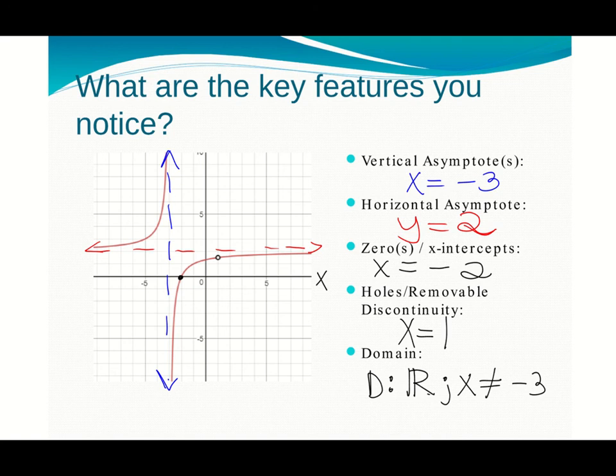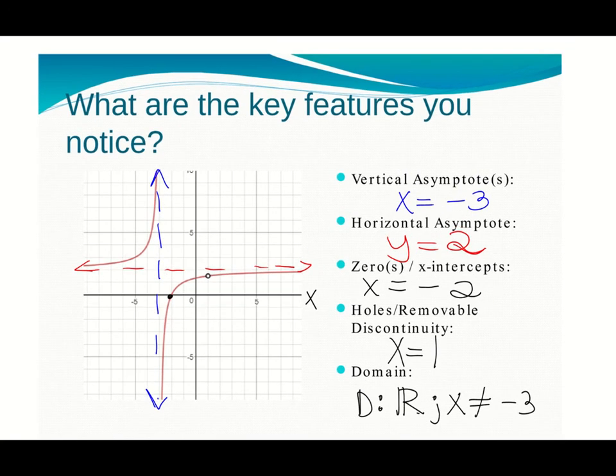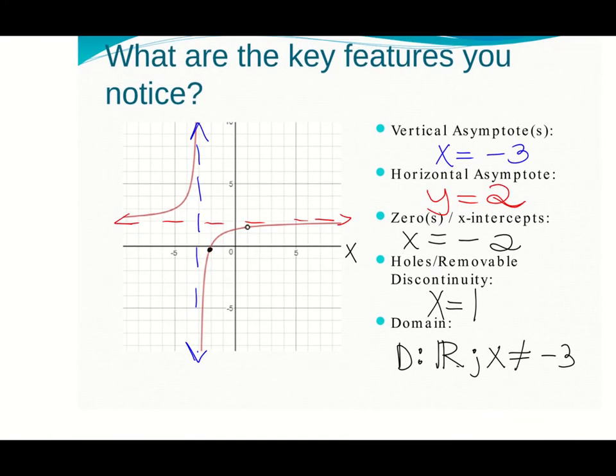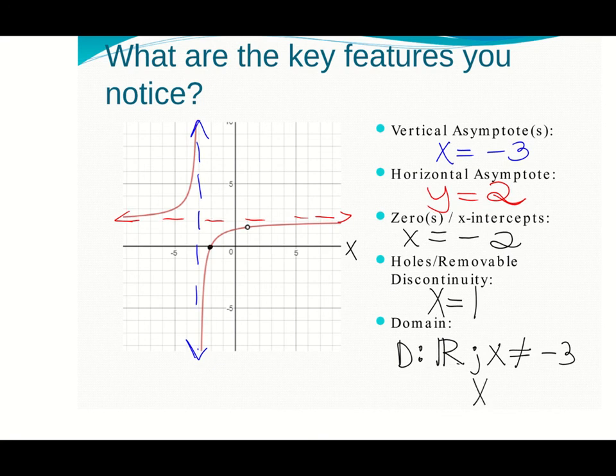So there's no x values at -3, and there's also no x values at 1 because we have a hole there. And since we have a hole, x can also not equal 1 because our hole means there's no part of the graph there. And if there's no part of the graph, there's no x value.